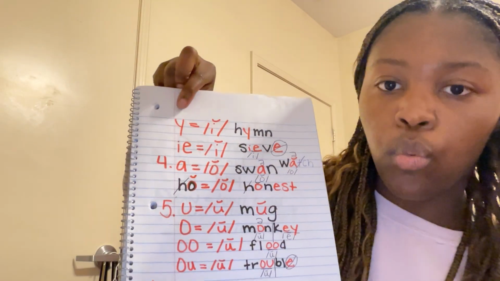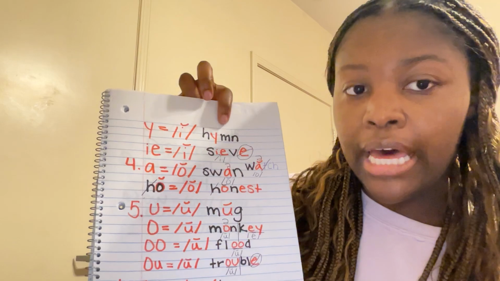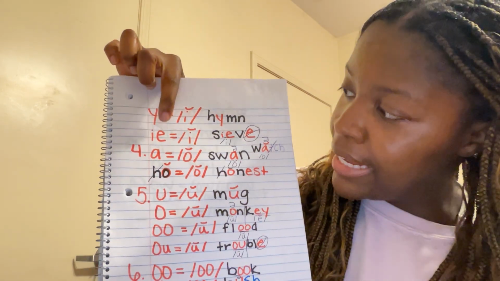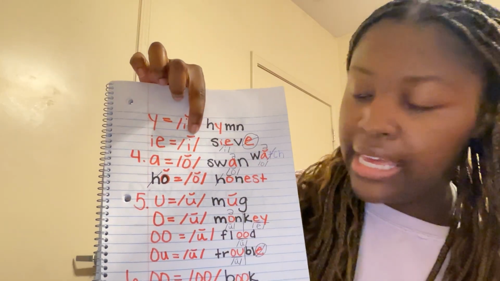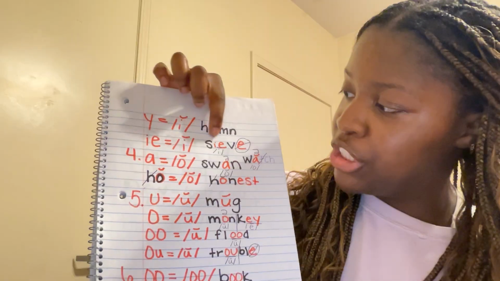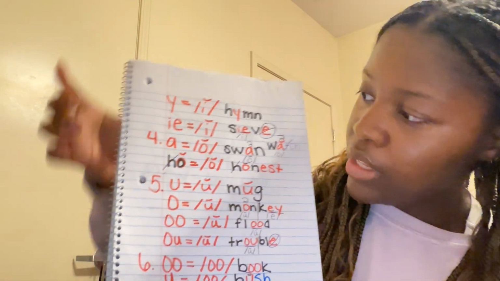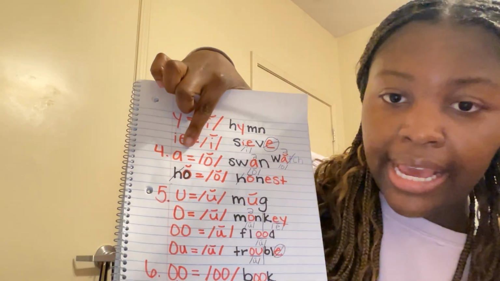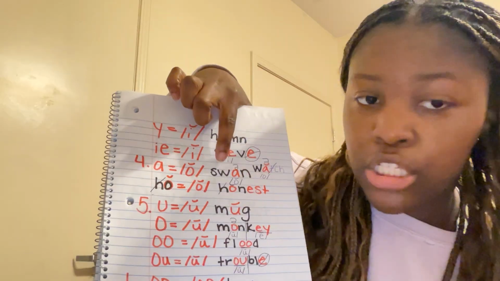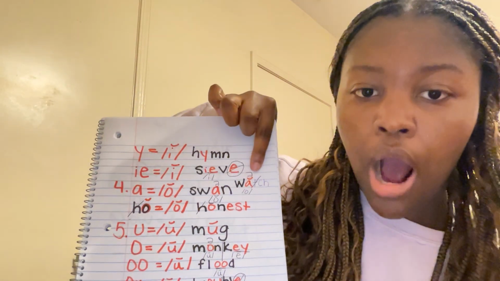Next, I have Y that sounds like ih, like in gym. Next, I have IE that sounds like ih, like in sieve, or shive. Next, I have A that sounds like O, so like in on or watch.